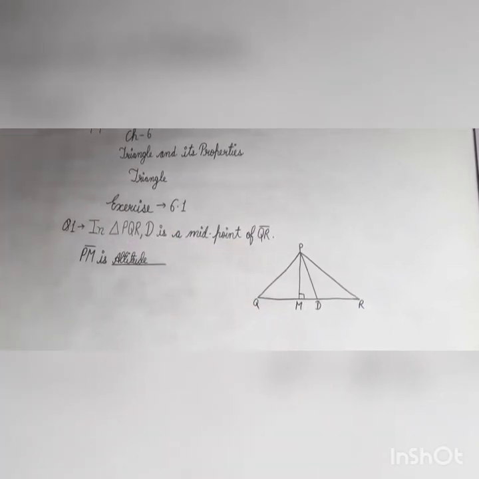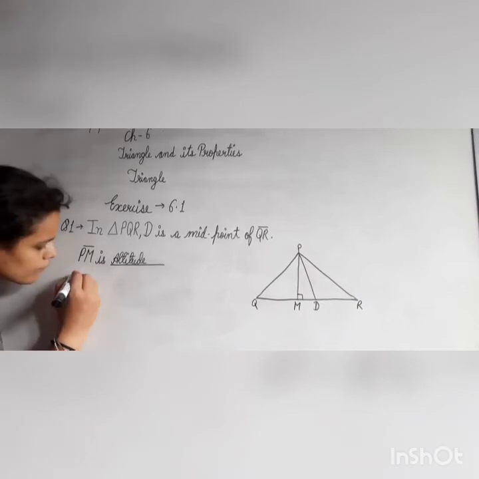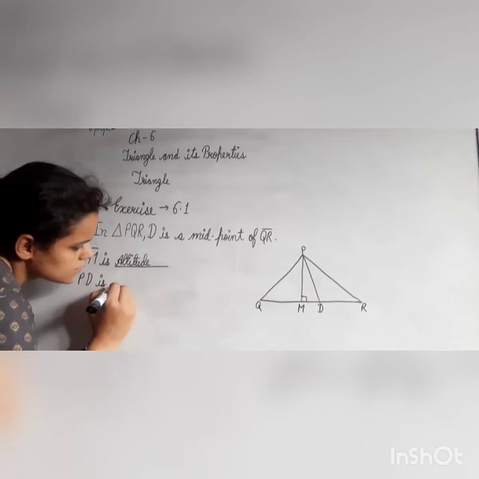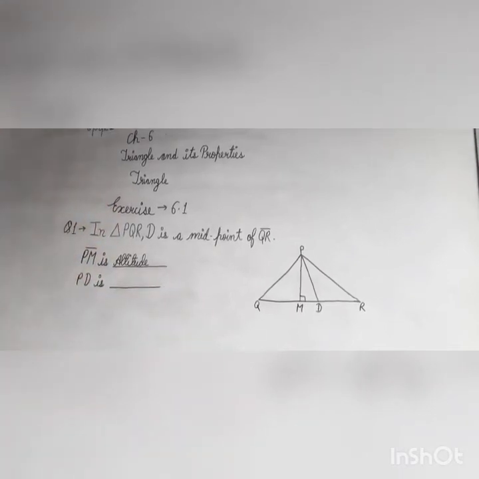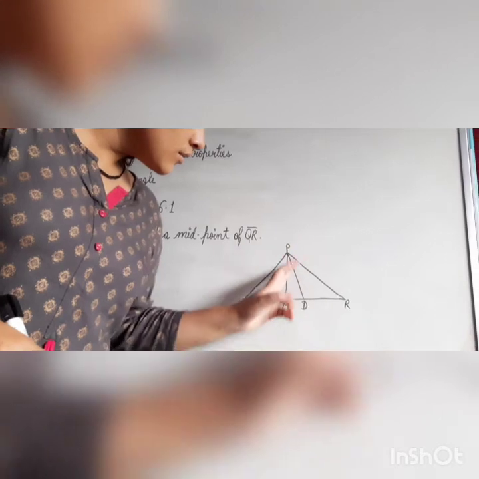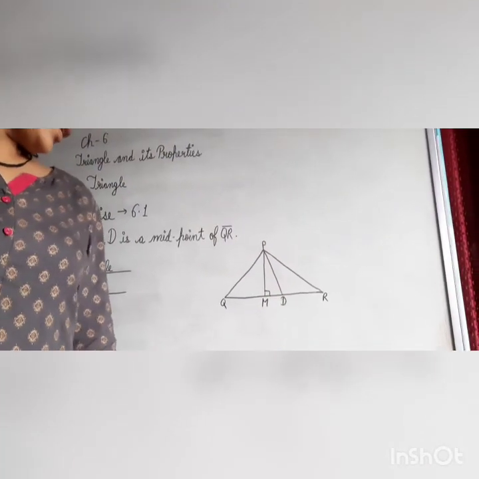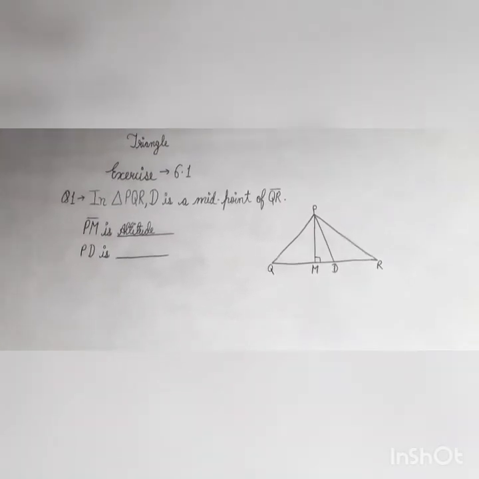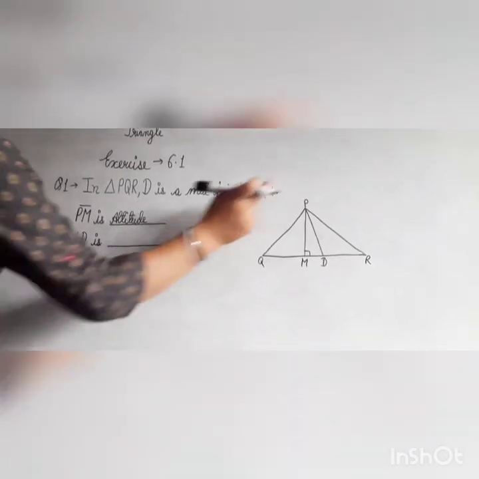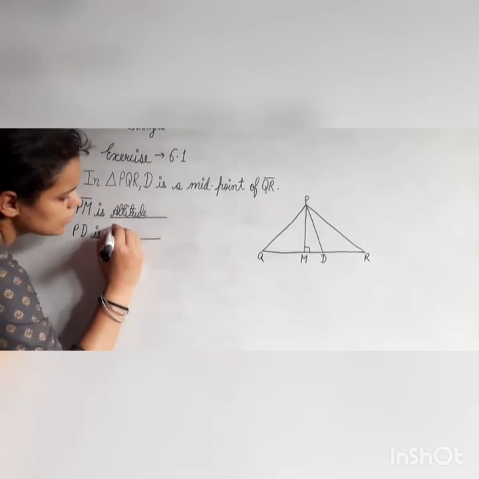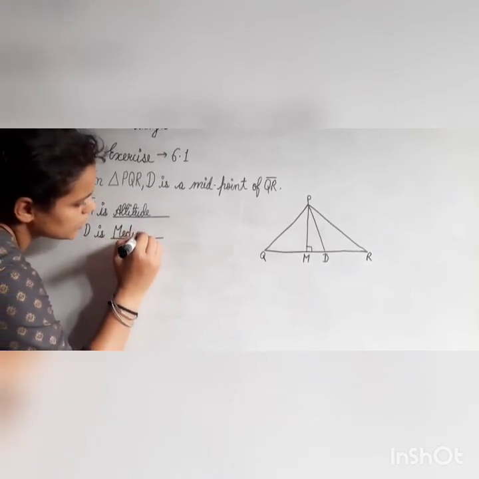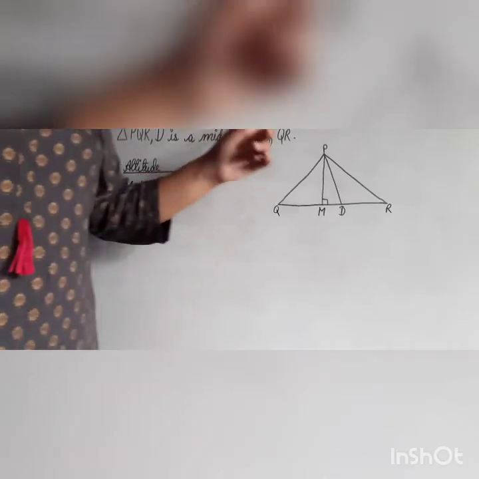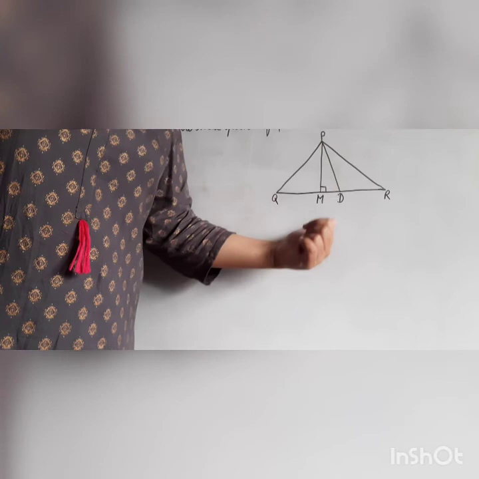Second is PD. PD is dash. You know that PD is the median. PD is a median.